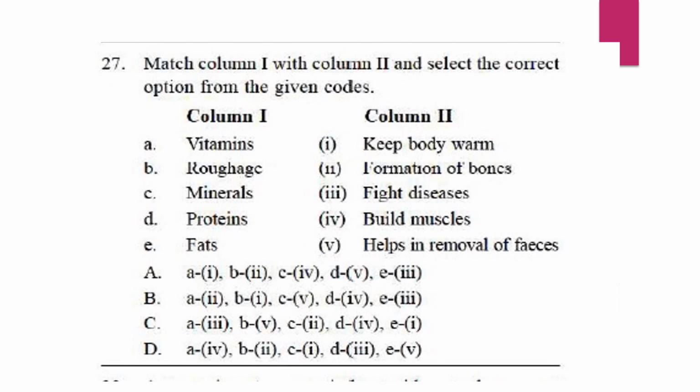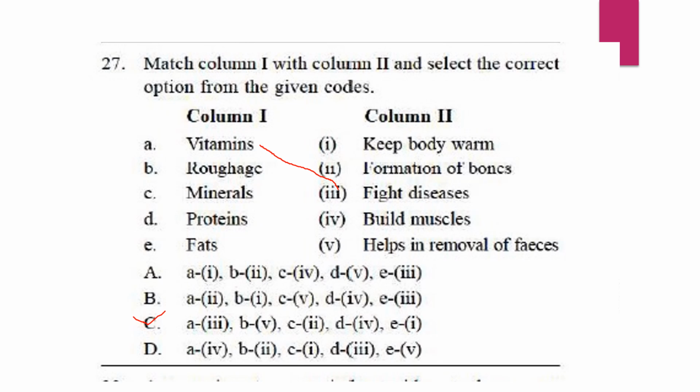Question number 27. Match column 1 with column 2 and select the correct option from the given codes. In column 1: vitamins, roughage, minerals, proteins, fats. We know that vitamins help us fight disease. That is A to 3. And we have only option C where A is connected to 3.